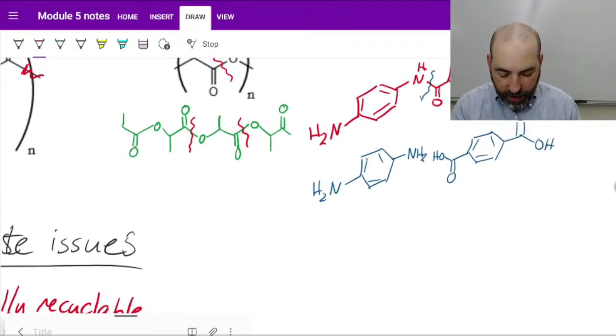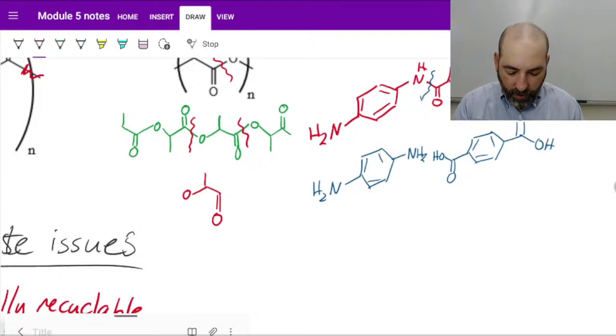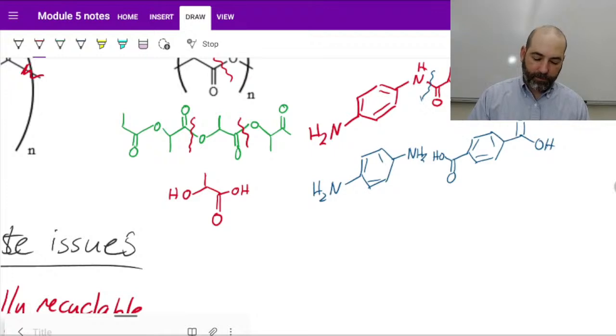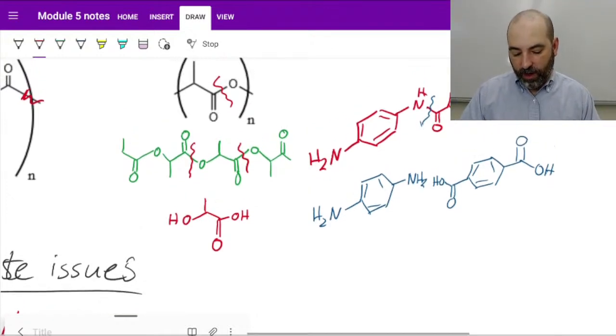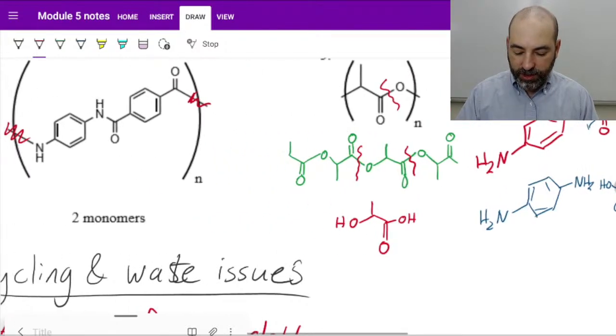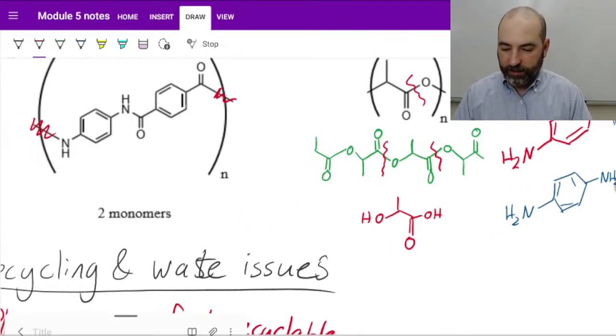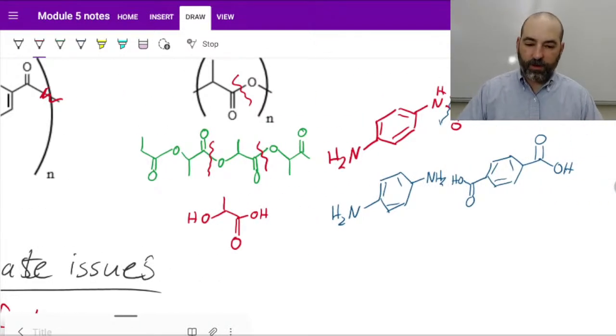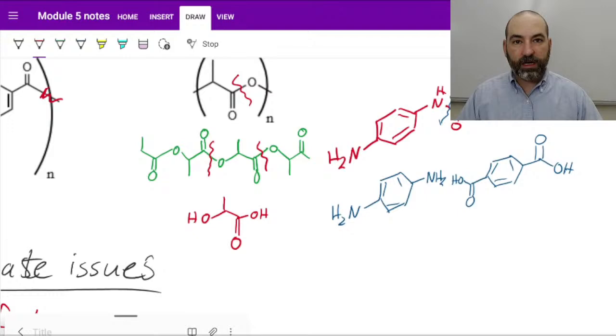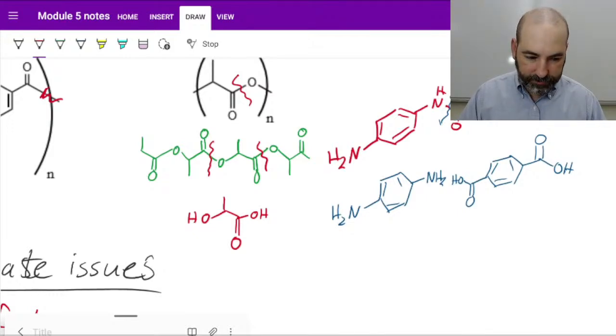So if we break it this way, it becomes a little bit more obvious that we need to add the OH here and the H on the O over there. And so that's the monomer lactic acid. That was a tricky one because of the way it was drawn. We couldn't just cut it at the ends like we could with the last one and put H and OH. With this one, we really had to look at the whole structure first so that we could break it at the appropriate positions.